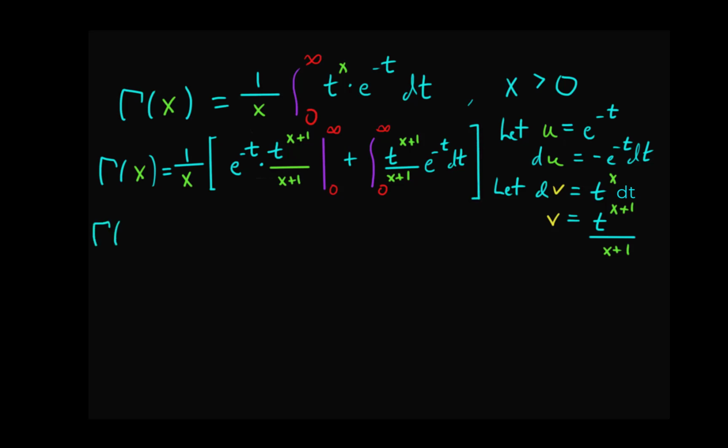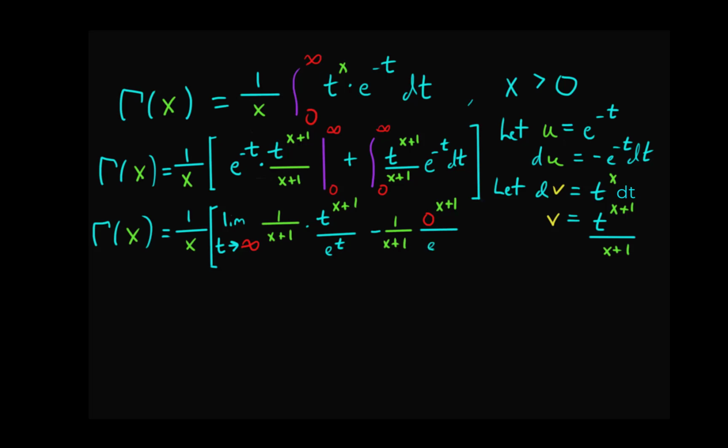close the bracket, and we have gamma of x equals 1 over x times, open bracket, now evaluating at infinity, the limit as t approaches infinity of, let's factor out that constant term, 1 over x plus 1 times t to the x plus 1 over e to the t, minus 1 over x plus 1, setting t equal to 0 here, times 0 to the x plus 1 over e to the 0.